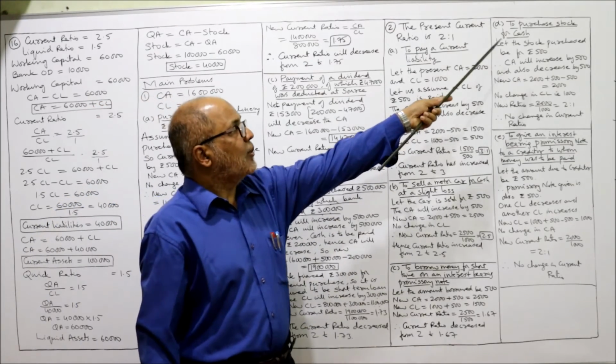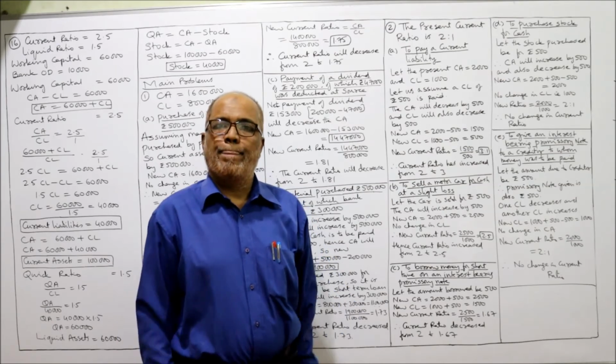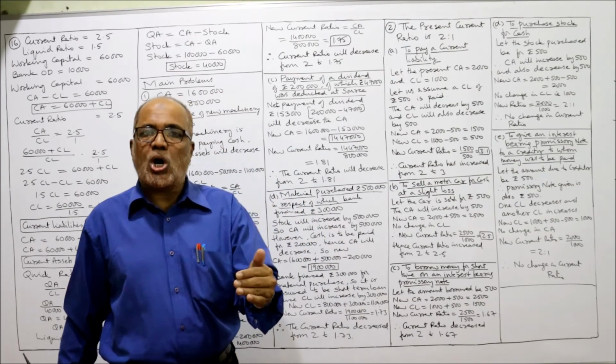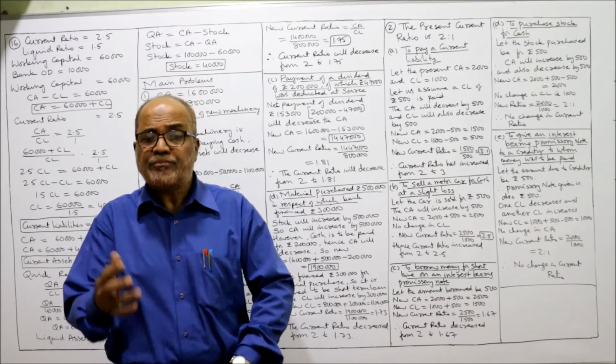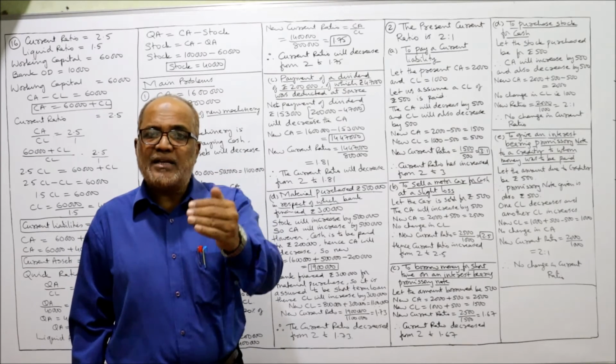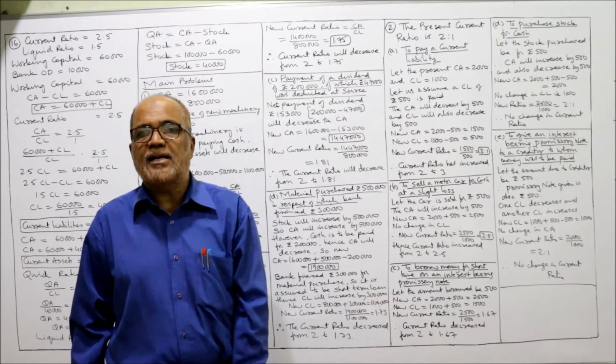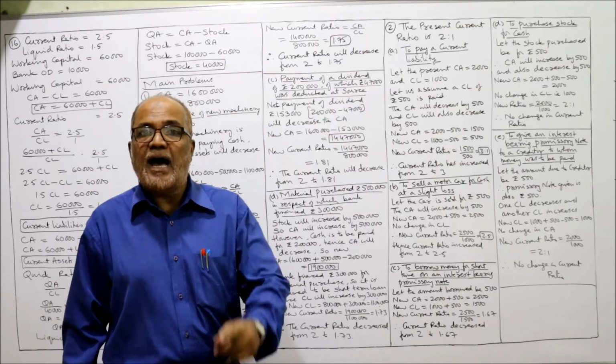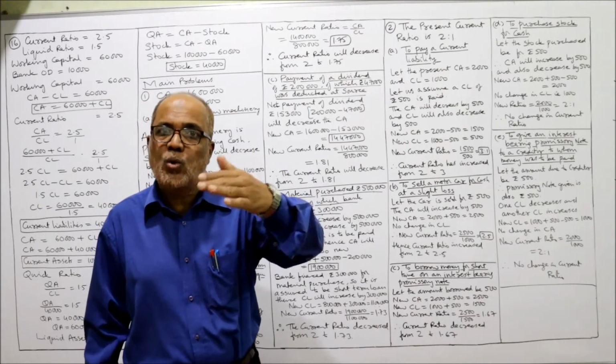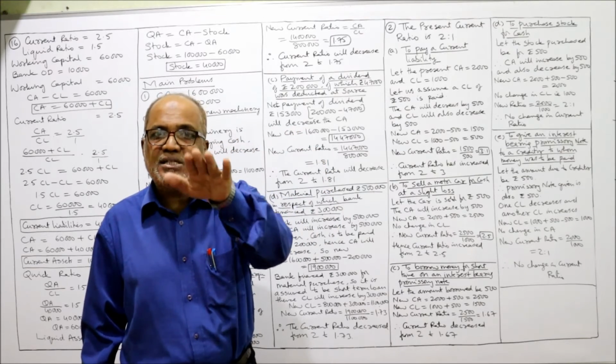Now fourth one, to purchase stock for cash. What is the effect? When we purchase, stock is coming in, and stock is a current asset. Current asset increases. At the same time, cash is going out, so cash is decreasing.